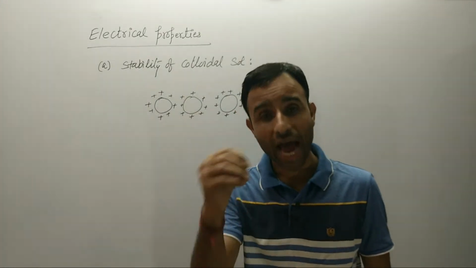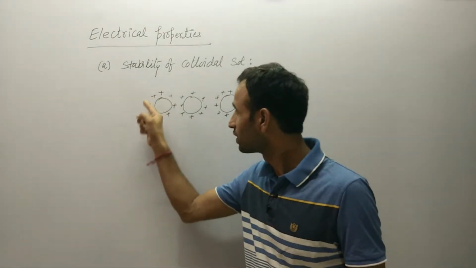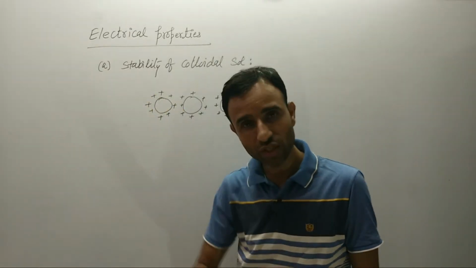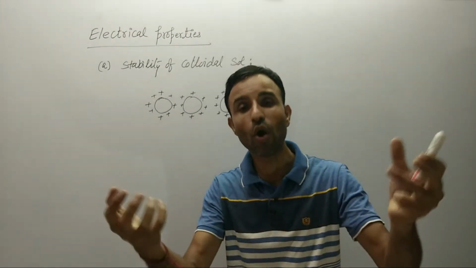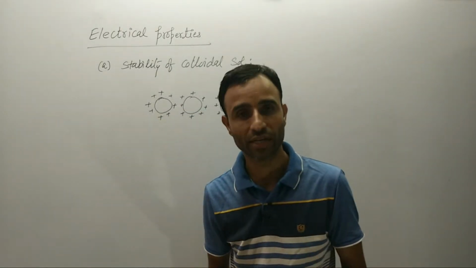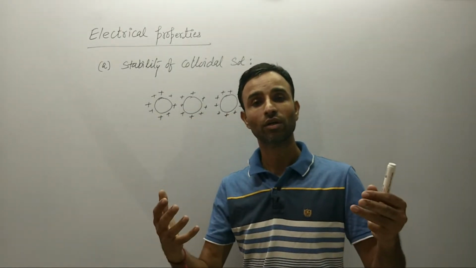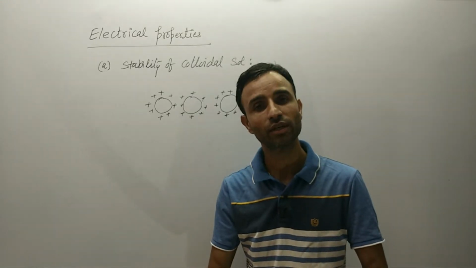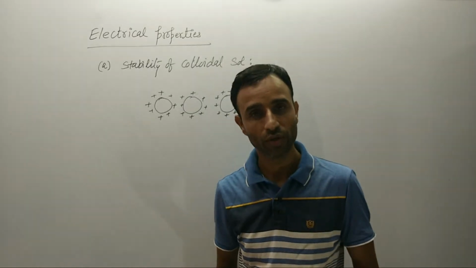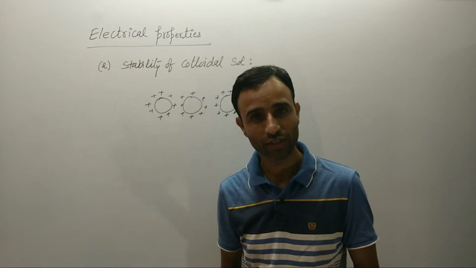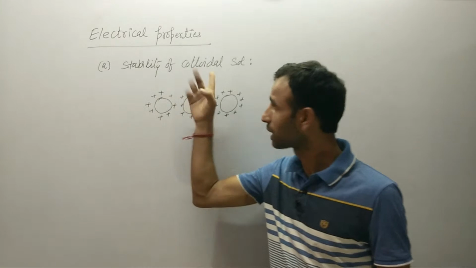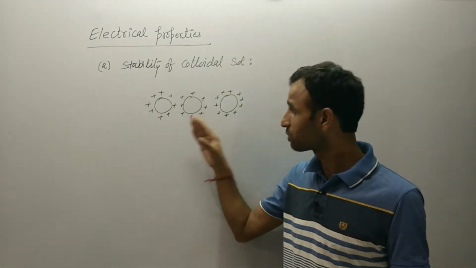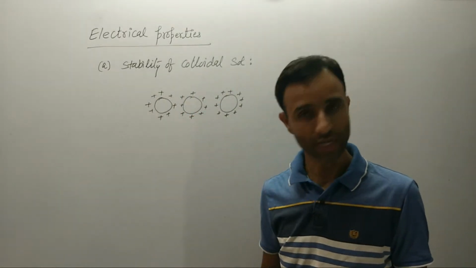But when we add an electrolyte, this charge is neutralized, and therefore they collapse together. They coalesce, means they coagulate, they precipitate, and that's why the colloidal solution is unstable because of excess of electrolyte, right? So whenever we talk about stability, it is because of the charge on the colloidal particles.